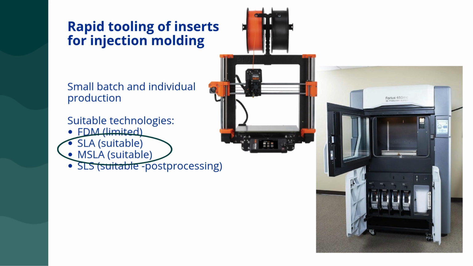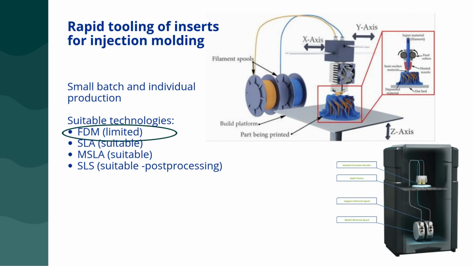FDM is one of the most well-known and popular methods today and is widely available, from home use to large-scale manufacturing systems. FDM is an abbreviation for fused deposition modeling, also referred to as fused filament fabrication, FFF, in some literature. This method is quite simple. It uses filament spools made from various polymer materials, such as ABS, PETG, or PLA.